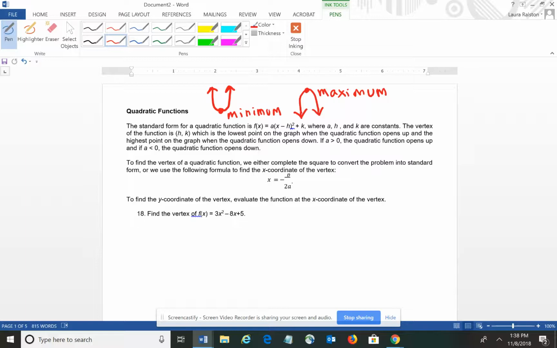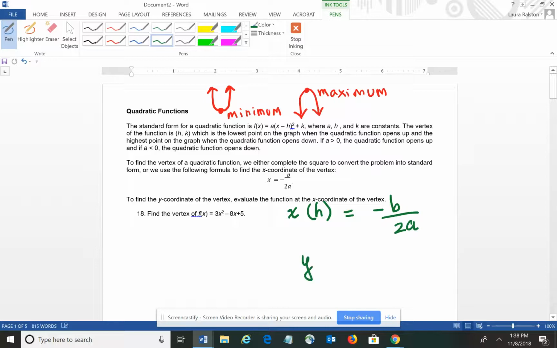The easiest way is to use a formula, and this formula is actually derived from the quadratic formula, but in simple forms, here it is. To find the x coordinate of the vertex, which is often referred to as h, you do the opposite of b over 2a.